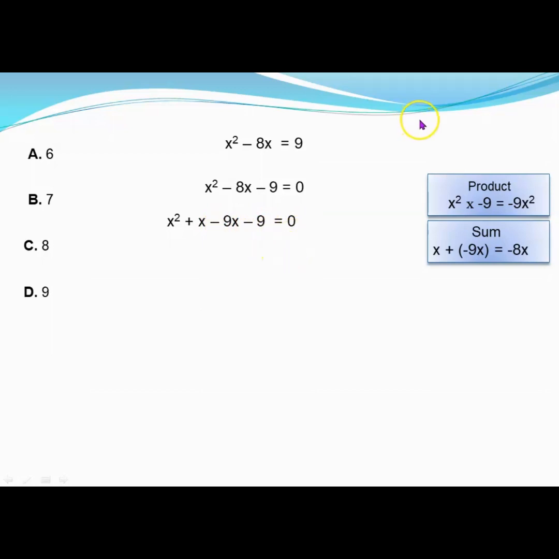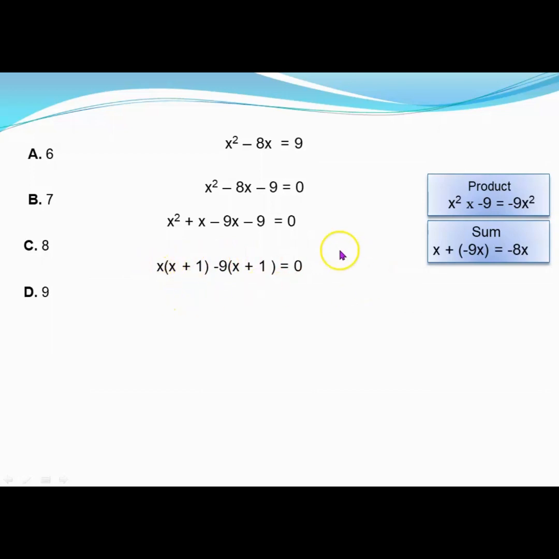Now the next thing we can do: we see this x squared plus x, we can factorize that. If we factorize that, then we are going to have x into bracket x plus 1, right? Now we see the second one as well, which is minus 9x minus 9. Let's factorize that. Then we have minus 9 into bracket x plus 1, right?